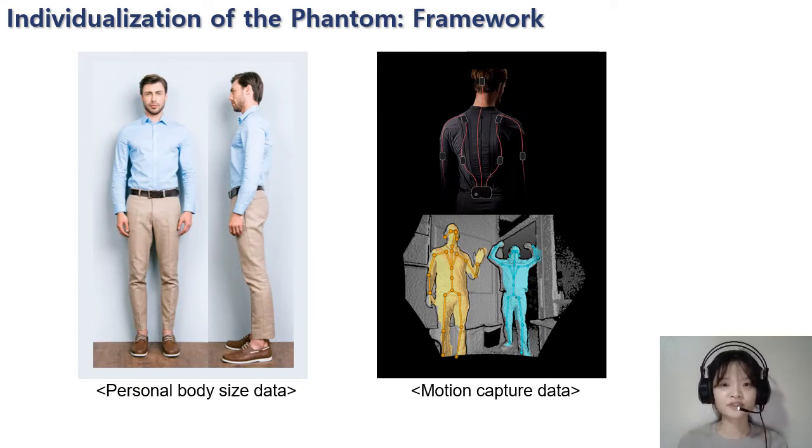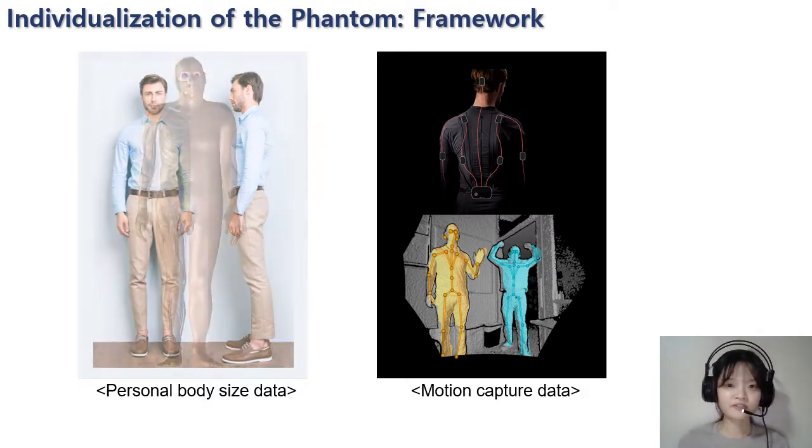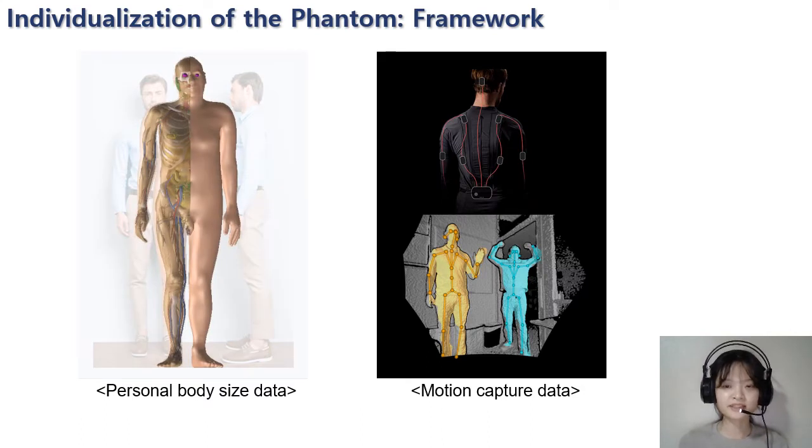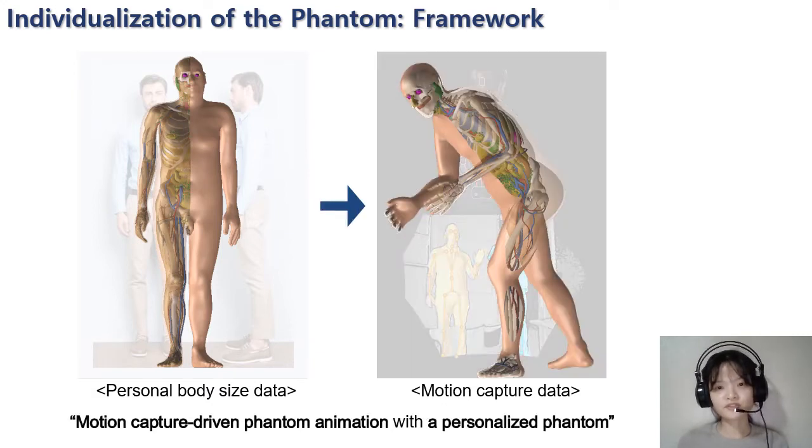Our framework to individualize the phantoms by considering both of these data is to first deform the phantom by adjusting its dimensions to personal data like 3D scan data, and then animate this phantom to follow the motion of the individual. So this is the goal of our study, and for now we are working on phantom personalization and phantom animation separately.